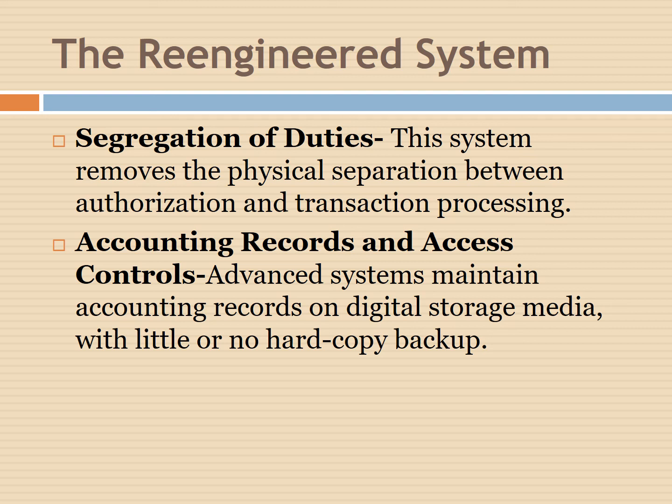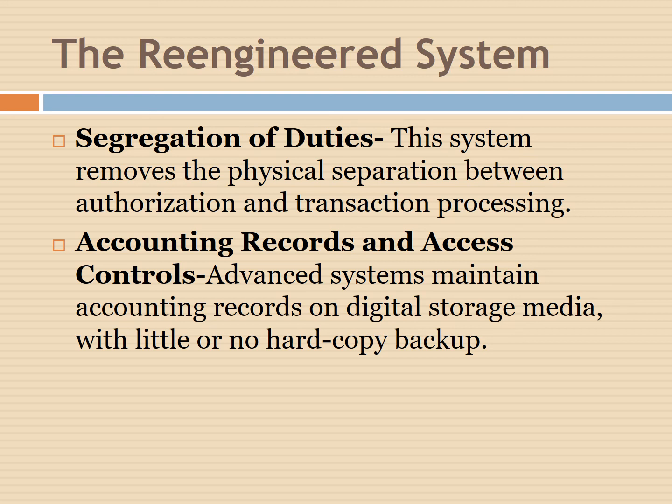The second one is it eliminates routine clerical procedures by distributing terminals to user areas. And the last one is it achieves significant reductions in paper documents by using digital communication between departments and by digitally storing records.